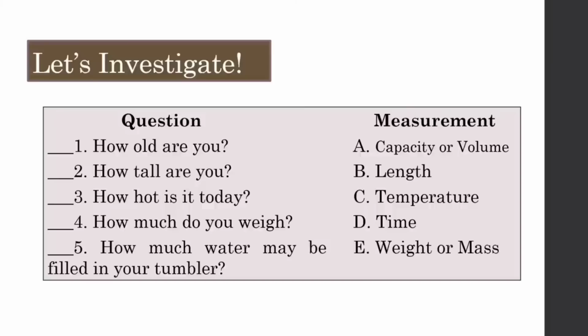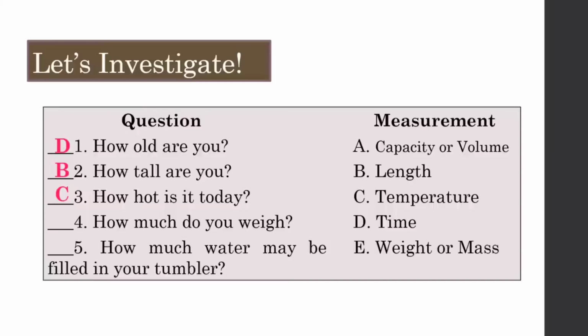All right, let's start with number 1. When we are asking how old are you, we are referring to measure of time. The answer in number 1 is D, or time. When we are asking how tall are you, we are referring to measures of length, which is letter B. Number 3, if we are asking how hot is it today, we are referring to temperature.